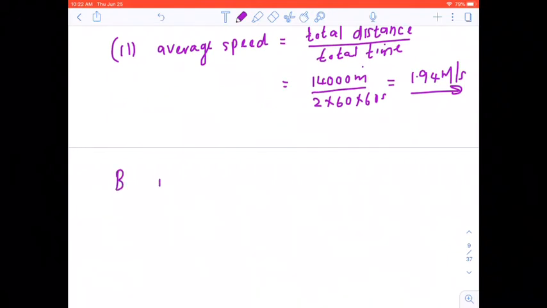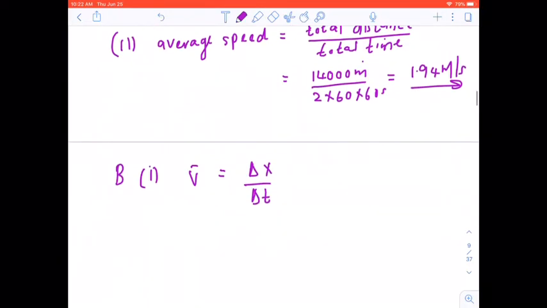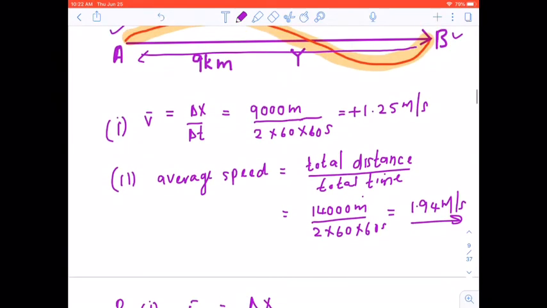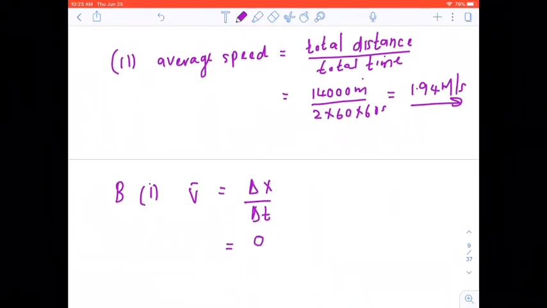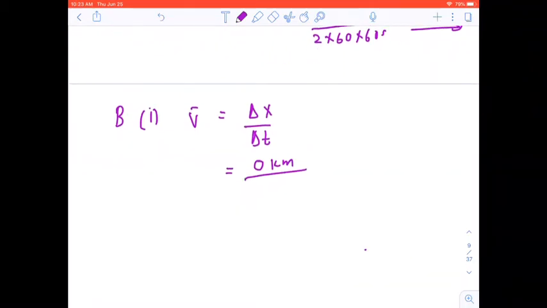So let's say the average velocity V is equal to change in x upon change in time, which would mean change in x, because the runner gets back to the original position and he started off there, is 0 kilometers, and the time it takes is 2 hours.